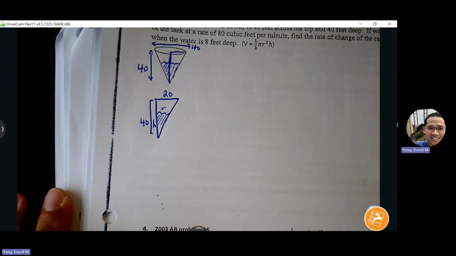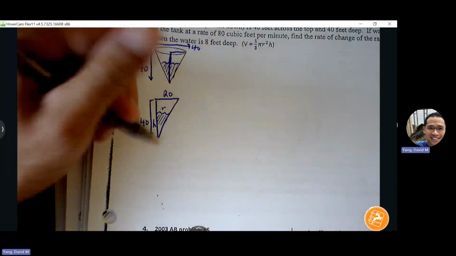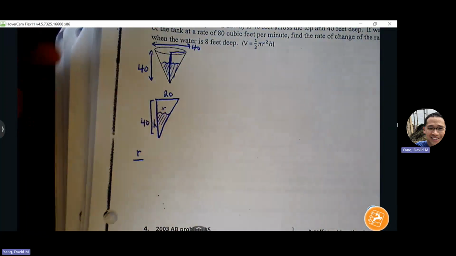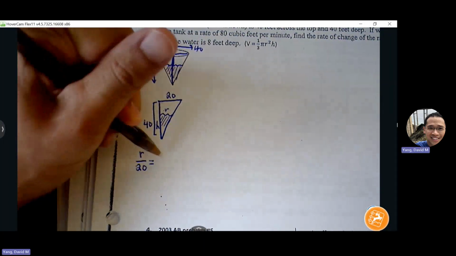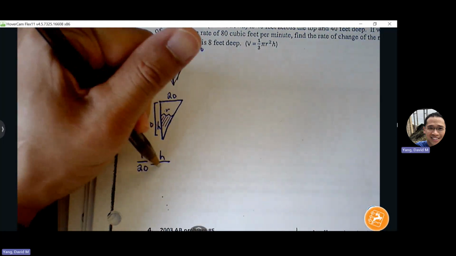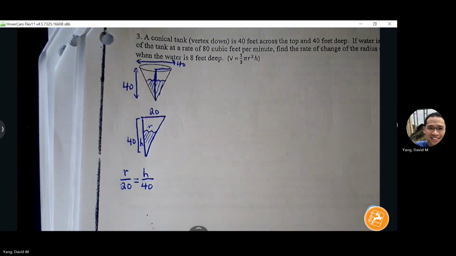So let's create an equation that will relate the variables here. We can say the radius of the small cone is to the radius of the large cone as the height of the small cone is to the height of the large cone. All right, everybody okay so far?